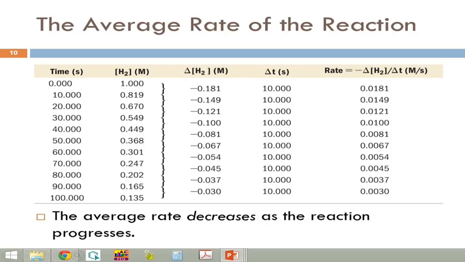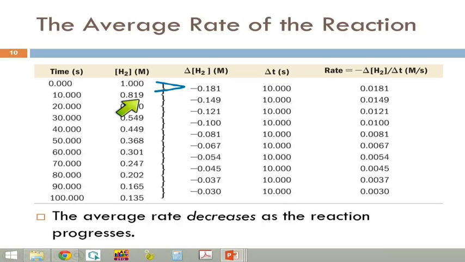So this is data in a table form. Here we have the time in seconds, here we have the hydrogen concentration in moles per liter, and here we have the change. What this is doing here, it's not real obvious, but this number is the difference between these two numbers.